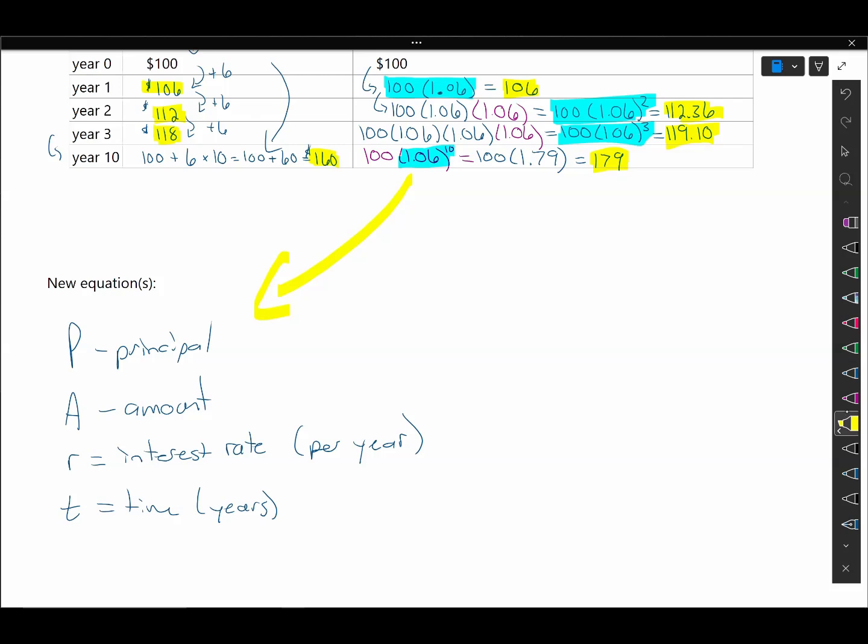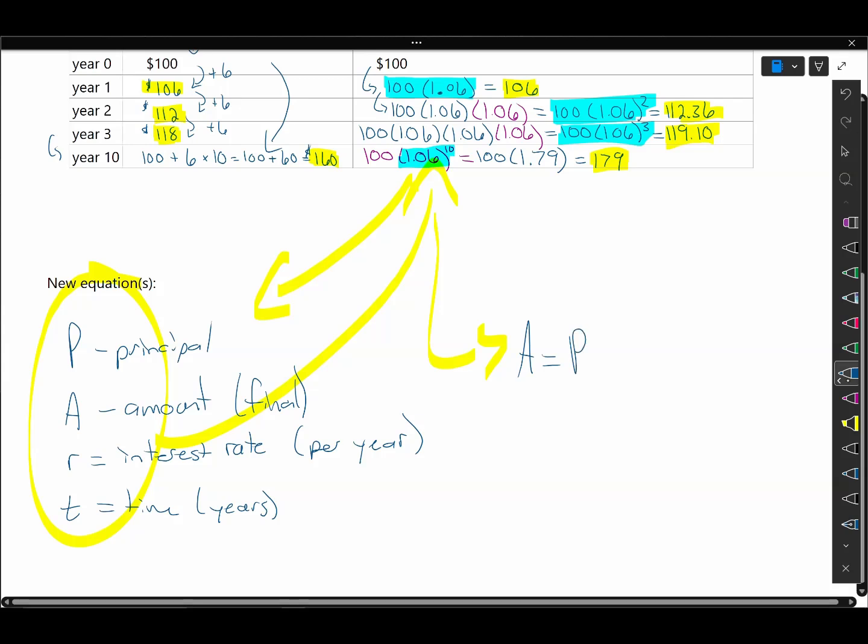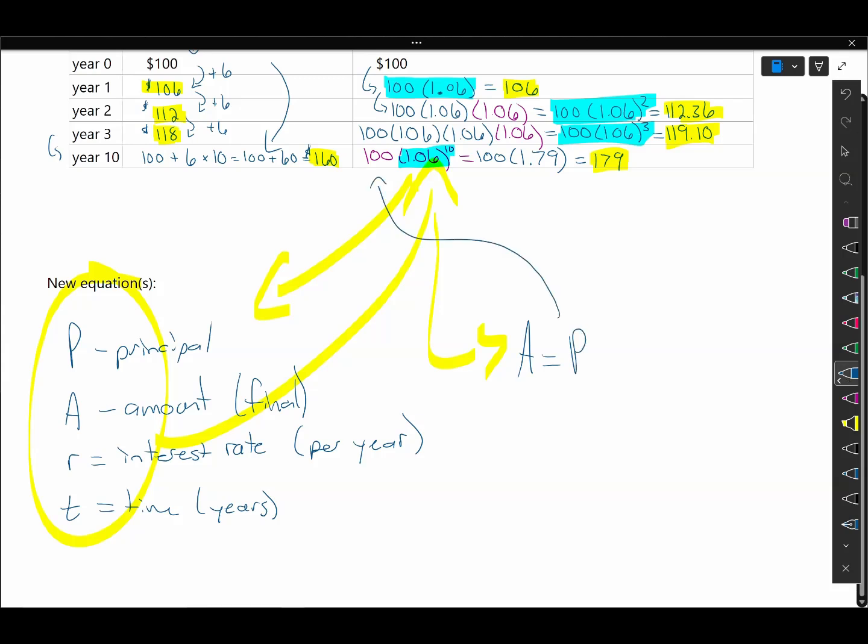Okay, if I look at all of these letters and I look at our equation that we came up with before and I try and put them together, then what it is that we're calculating is A. That's the final amount that we're looking for, and I can put final down here if it's helpful. The final amount that we're looking for, either borrowed or owed. The principal amount is the $100. That ends up right here in our equation.